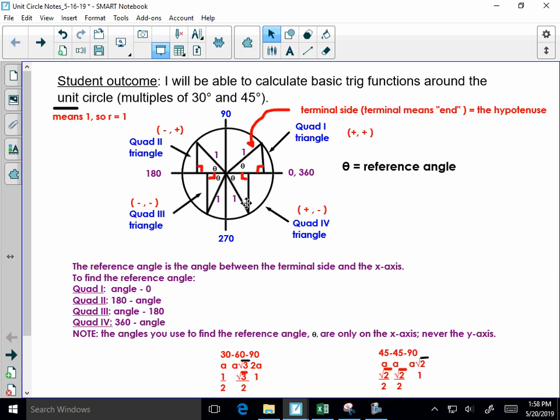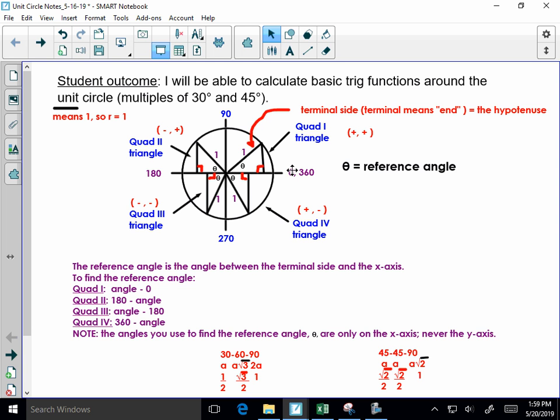Lastly, say we have 315 for our angle measure in quadrant 4, between 270 and 360. To find that one, we do 360 minus that 315, which is 45 degrees. So we have a 45, 45, 90 degree triangle in that particular case. Okay, if you notice on all of these measures, the 0, the 180, and the 360 in purple here, they're always along the x-axis.